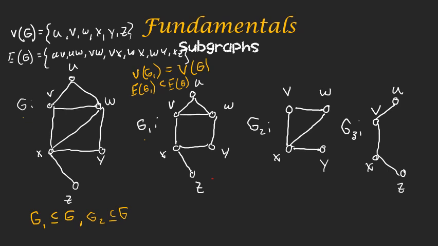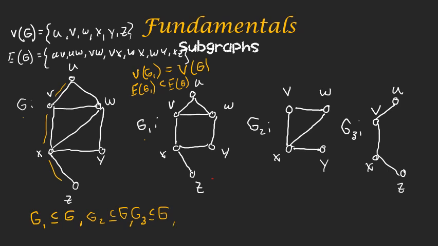So in order for a graph to be a subgraph of another one, either the vertex set or the edge set or both have to be a subset of the original graph. G3, on the other hand, that is a subgraph of G, U, V, X, Z. I can sort of see it inside of my graph G like that. So G3 is a subgraph of G.